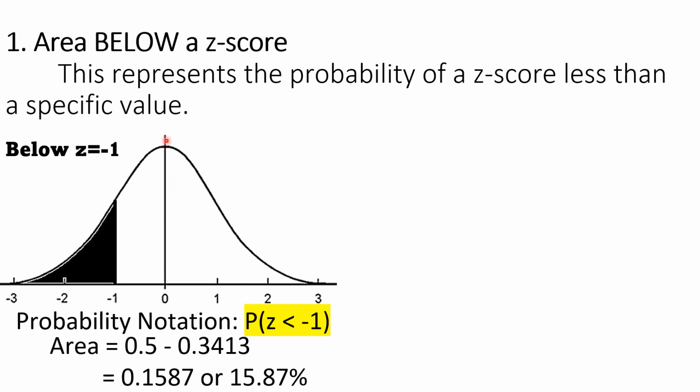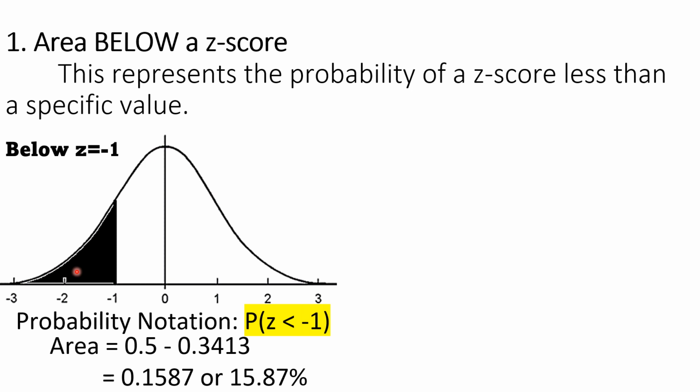Now, to get the area of this one, the first thing you need to do is to identify the area of the unshaded portion of the left part of the normal curve. So we know that that is 0.3413. So if this unshaded area from the mean up to -1 is 0.3413, how will you get the area of this one?